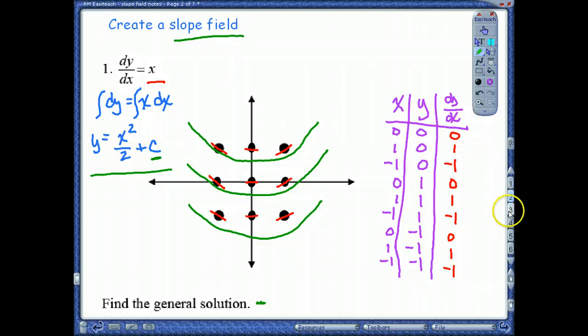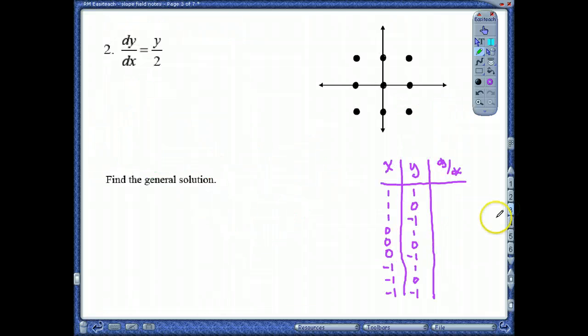Okay, so let's look at another differential equation. This time it's dy over dx is equal to y over 2. Notice we have the same exact points, so I've just created my little xy points, and it's the same exact 9 points that we've been working with. Well, this time, notice I just have a y. I don't have any x's.